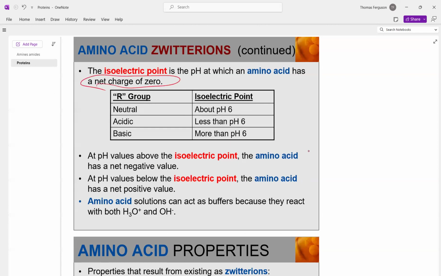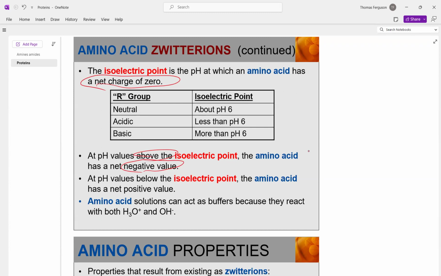Now, most of the time, the pH for a protein is not at its isoelectric point. It's above it or below it. If it's above it, then the protein or polypeptide has a negative charge.